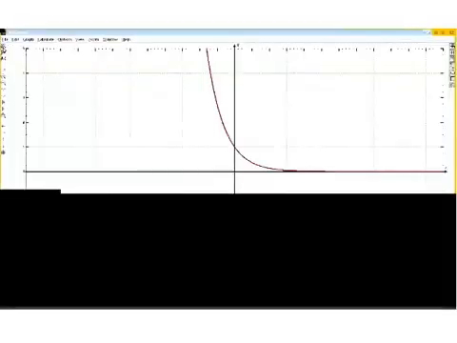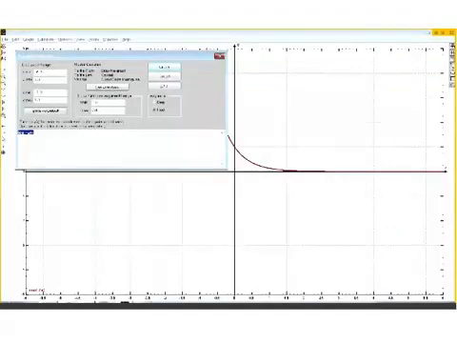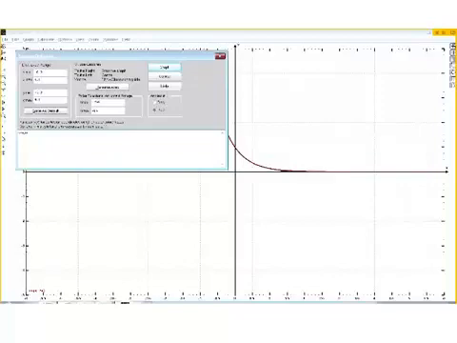So let me share that with you. The function is equal to, in this case, x times e to the negative x squared.